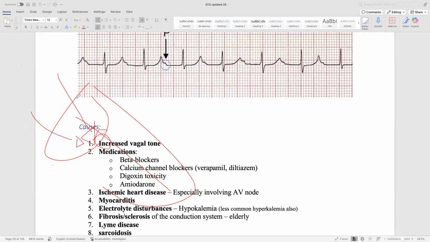What is the dominant one? It is the vagus. So if there is high vagal tone, there will be too much delay. That is why in SVT we are treating with increasing the vagal tone, because the vagal tone will lead to a prolonged PR interval, will lead to first degree heart block. Sometimes we are treating SVT with first degree heart block.